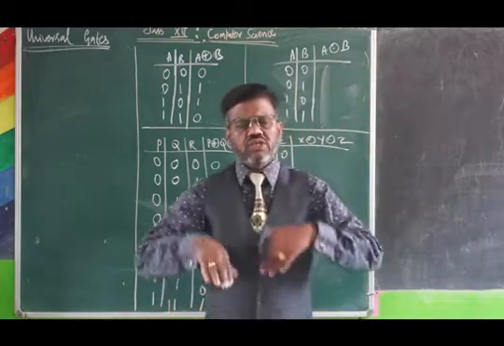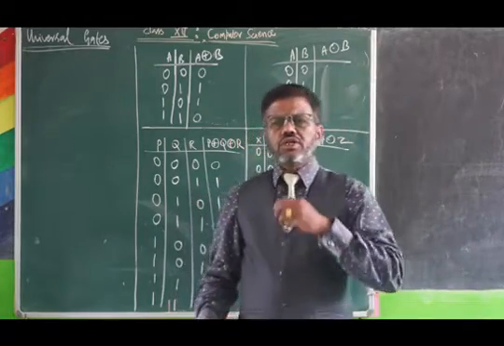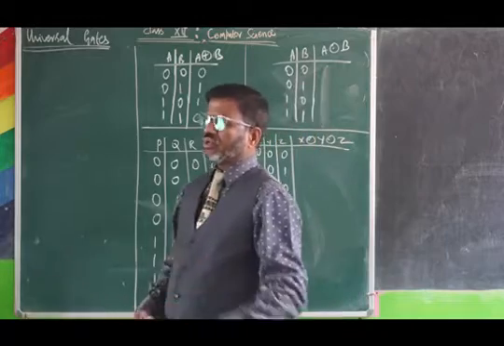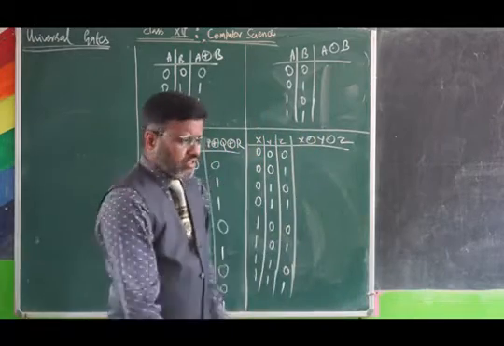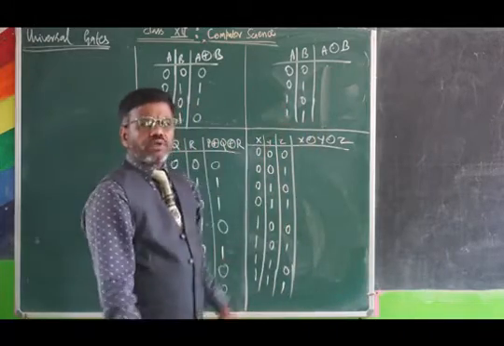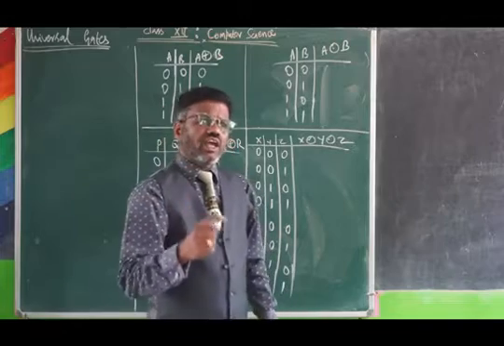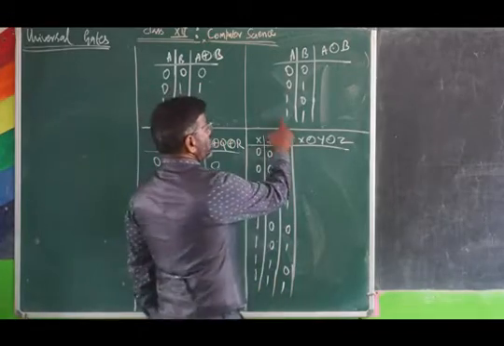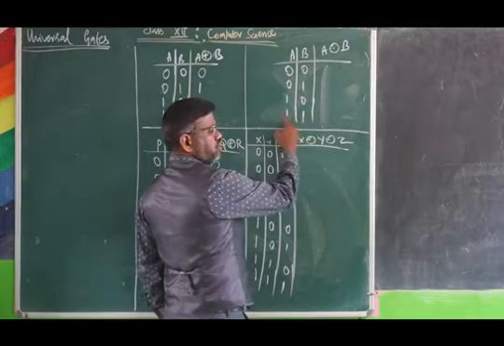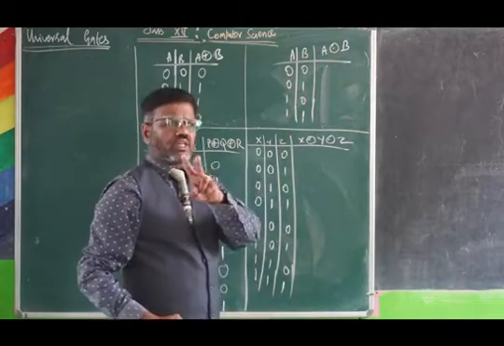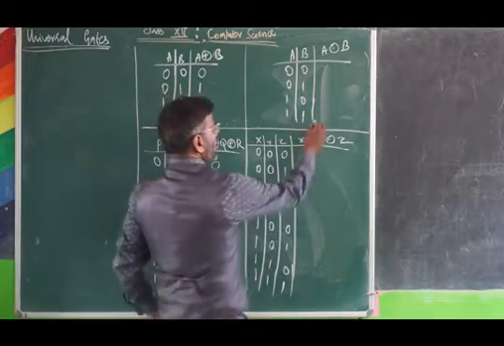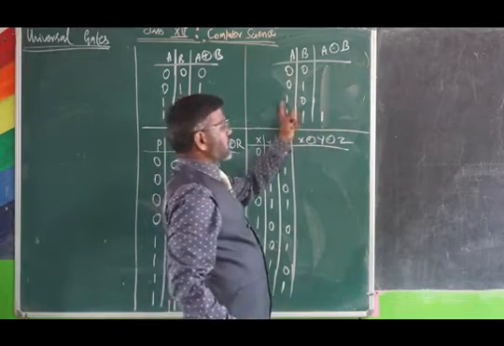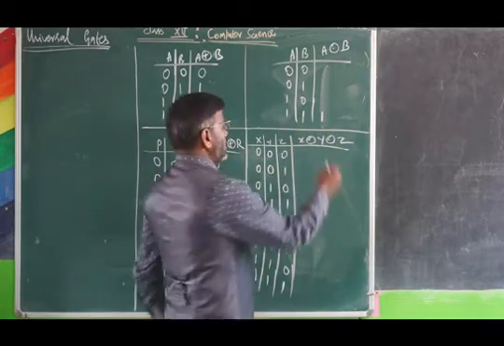XNOR gate means just NOT and XOR. In other words, an inverted XOR gate is known as an XNOR gate. Here the output is 1 if there is an even number of ones. Here how many ones are there? 2 ones are there, which is an even number. The output is 1. Here how many ones are there? 1, which is an odd number.